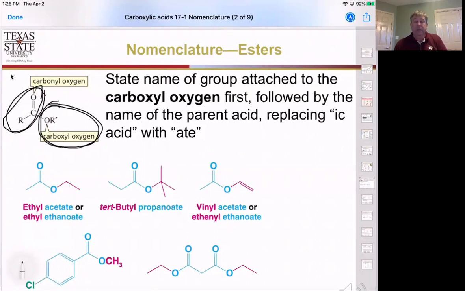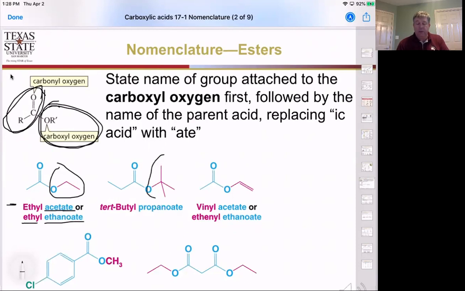So if we look at our common name here, we would have ethyl group, because we would have ethyl alcohol on this side of it, plus the acetic acid group. And we're going to drop the ic acid and add the word ate to it. So as the more common name, as the IUPAC name, we have ethyl ethanoate, okay?